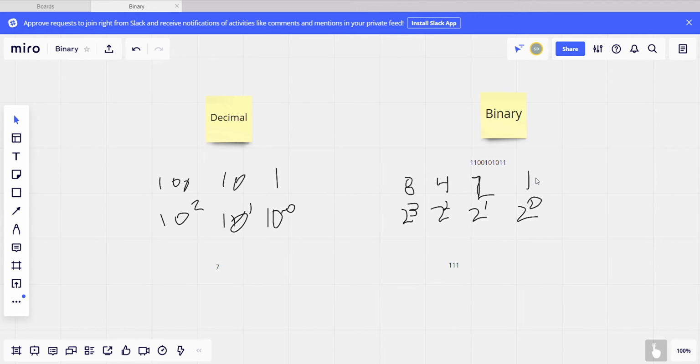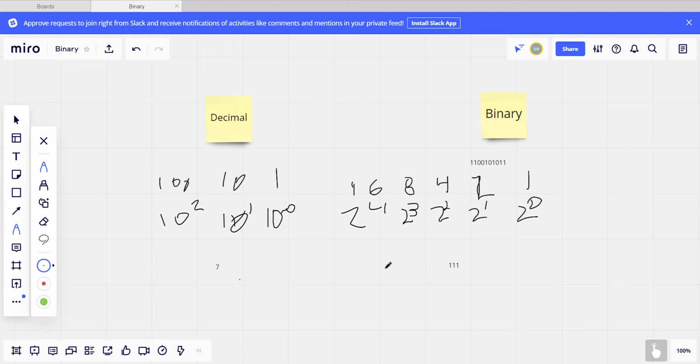We can think of binary as kind of on and off switches. Do we want to add a 1? Do we want to add a 2? And do we want to add a 4? Now the easiest way to think about this is we can go up in the digits. So let's say that here we have all the things written out in binary. After the eighths digit comes the 16th digit in binary, which is 2 to the 4th.